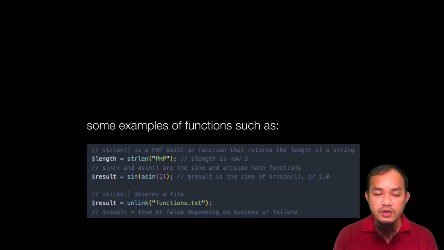As here we are using PHP, there are many built-in functions in PHP. Whatever you're using, database connection, session, they are all functions, because PHP itself is based on function.